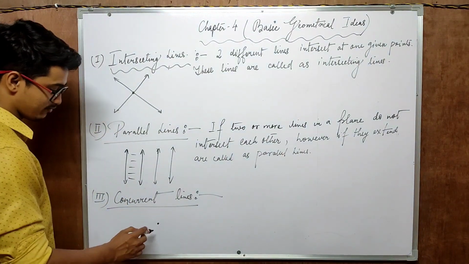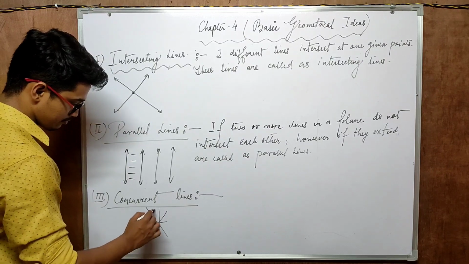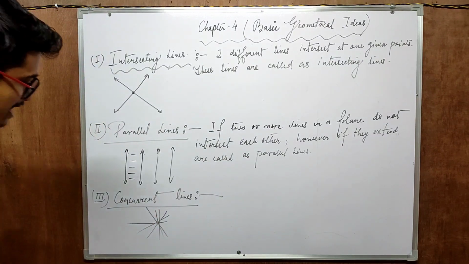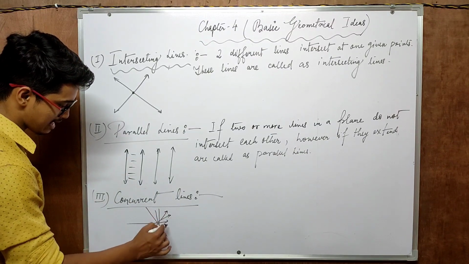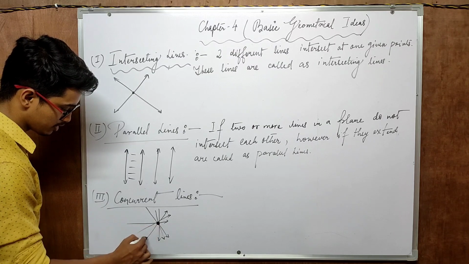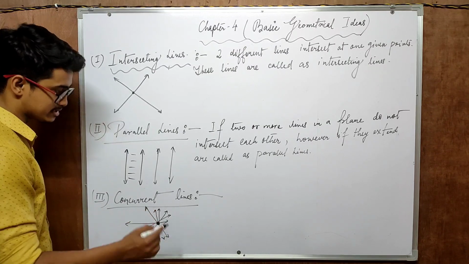But if you observe carefully, these lines are having one common point. This point particularly, right? So that type of lines are called concurrent lines.